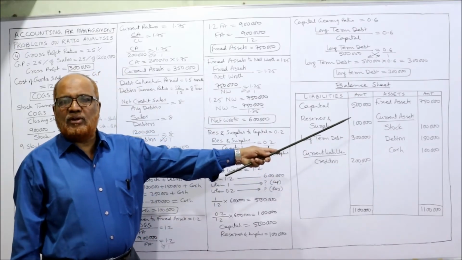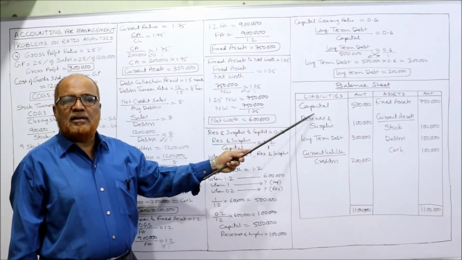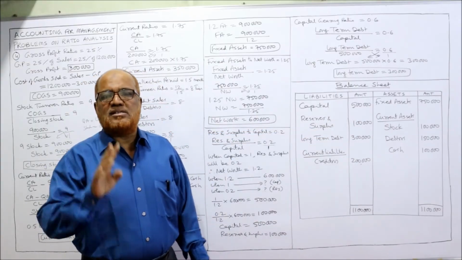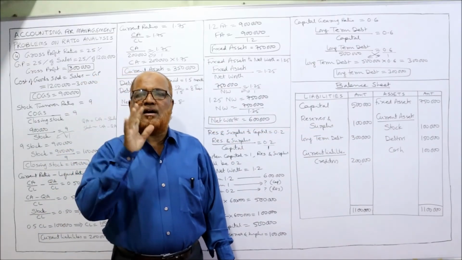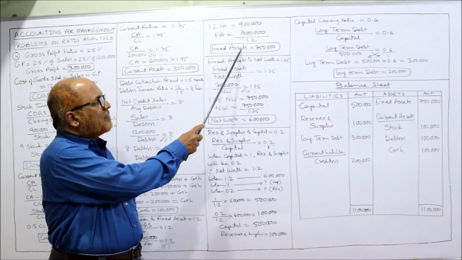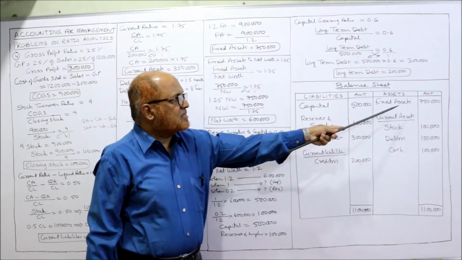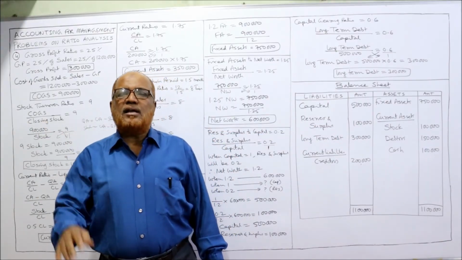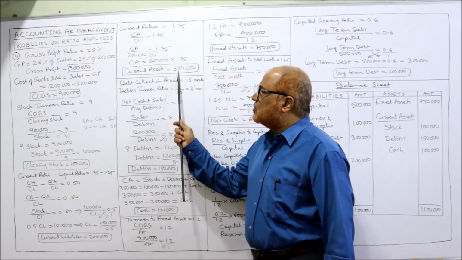So how will the balance sheet look? See here, liability side, asset side. First you see the assets. Two types of assets are there, fixed assets and current assets. Fixed assets we have already calculated as 7,50,000. Now current assets, the total current asset is 3,50,000.